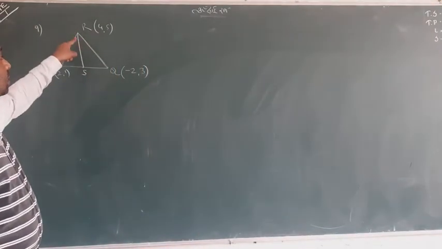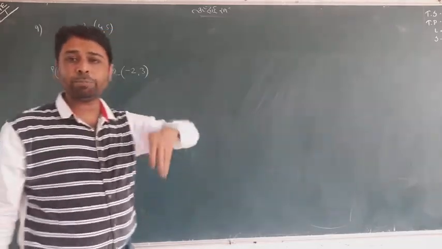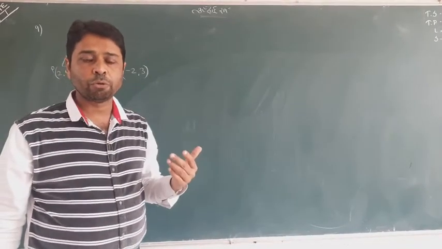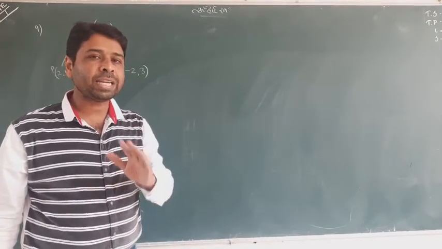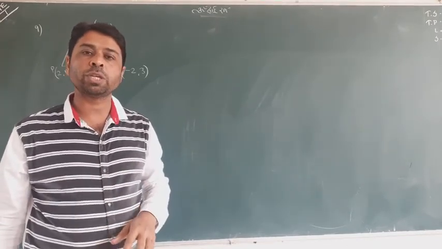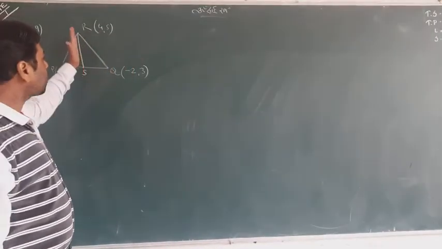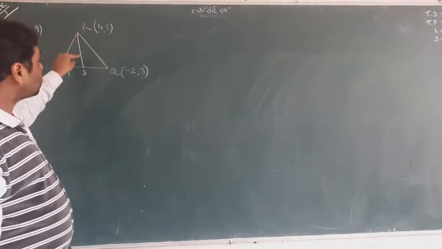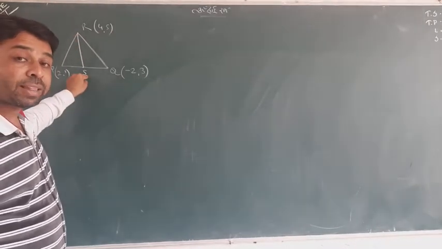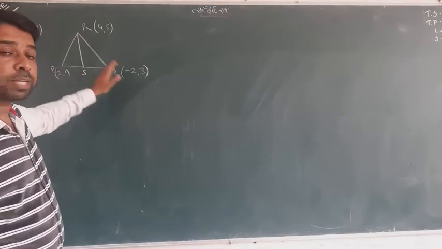This line is indeed passing through 4 and 5, but m is not given. But what I think, according to the question, we can use the 2-point form here. How is it so? My required line RS is passing through 4, 5. That line is also passing through S, which we can find, because S is the midpoint of PQ, since it is a median.